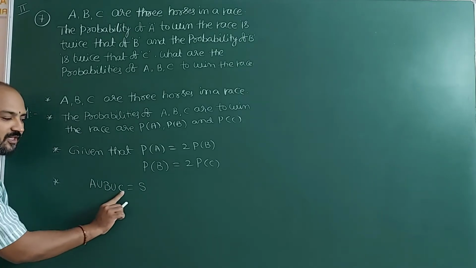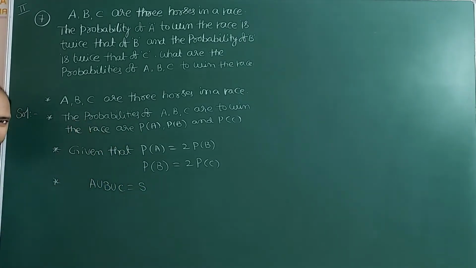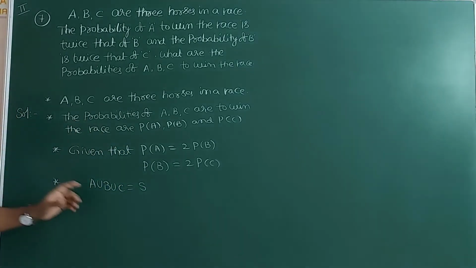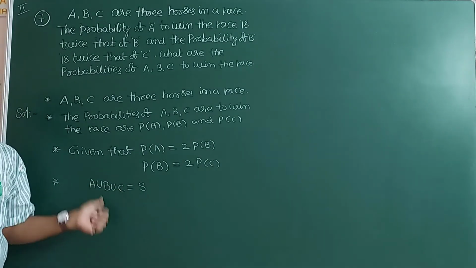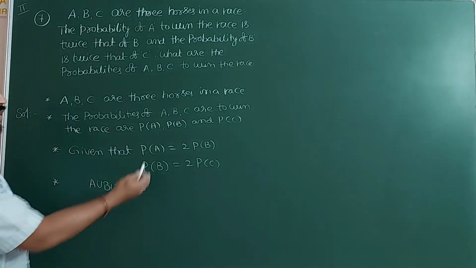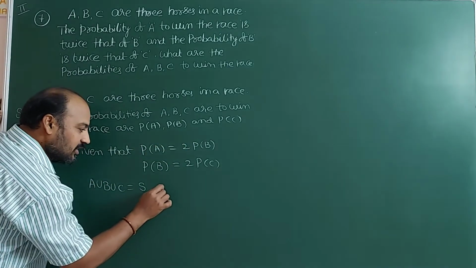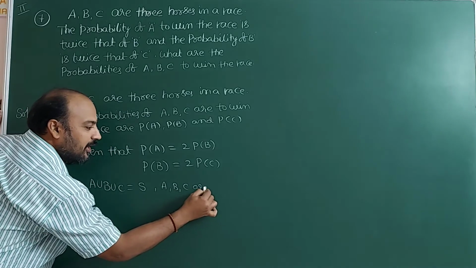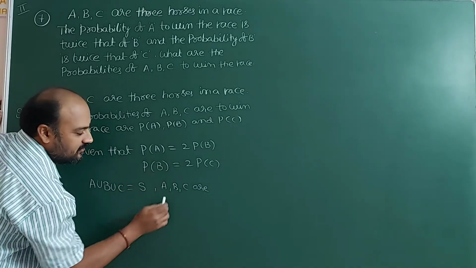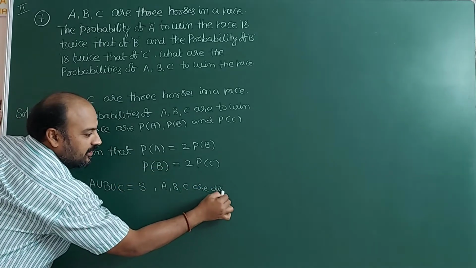So the union of these 3 events is the sample space and they are disjoint. A intersection B, B intersection C, C intersection A, there is no link here. So A, B, C are disjoint. Disjoint means the intersections are empty.